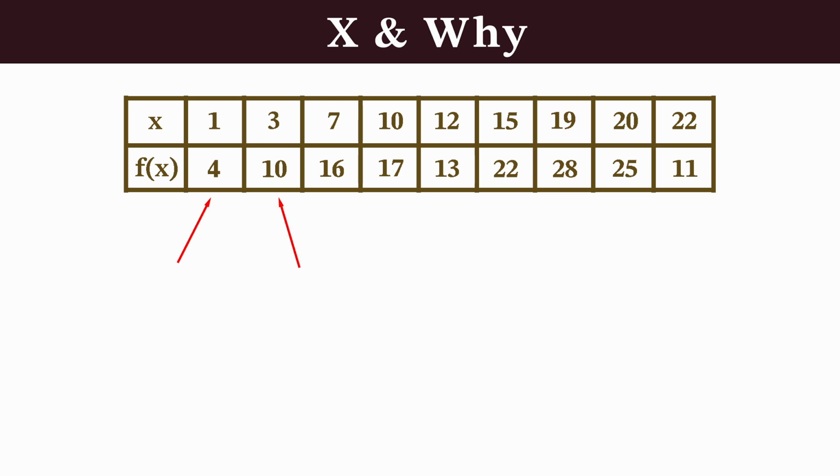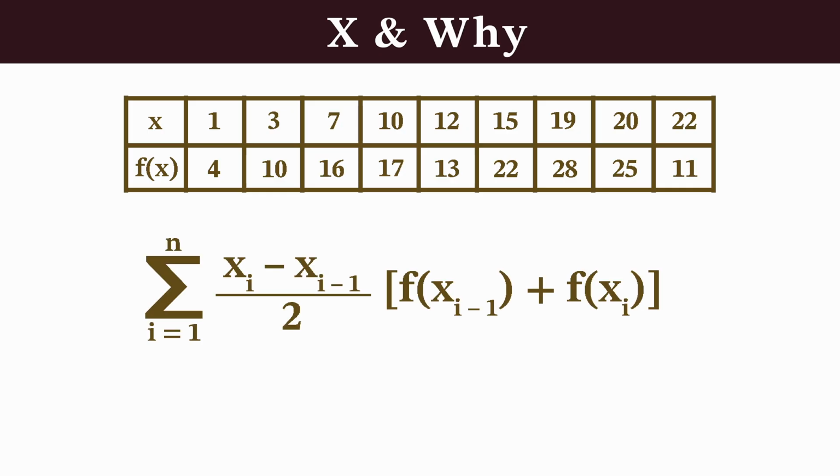Instead of one delta x being multiplied by each of the added bases, there are multiple delta x terms depending on which subinterval is being considered. The trapezoidal sum with unequal subintervals is the sum from i equals 1 to n of x sub i minus x sub i minus 1 times f of x sub i minus 1 plus f of x sub i.